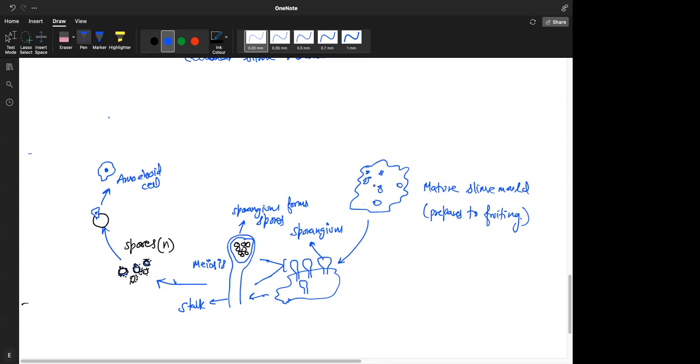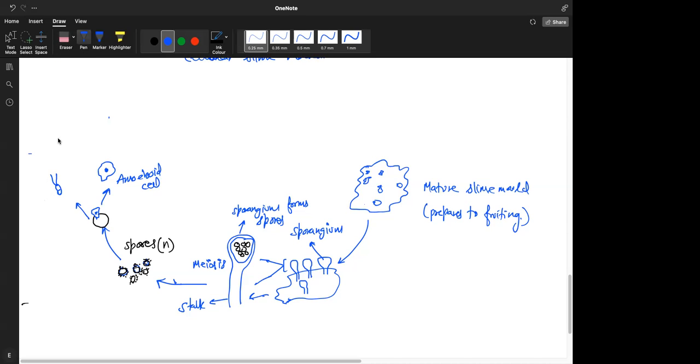Okay, just like the mature parent from where we begin. Or the other way it can go is, it can grow into a shaped cell. So the shaped cell will have flagella. Okay, is it clear? This is called flagellated cell.